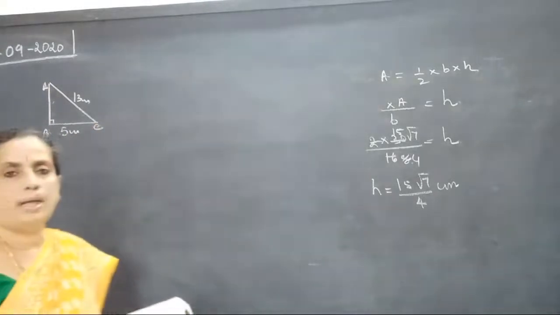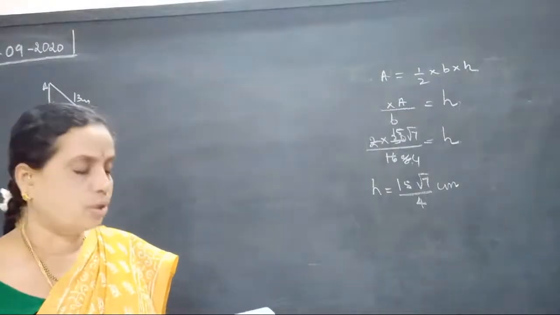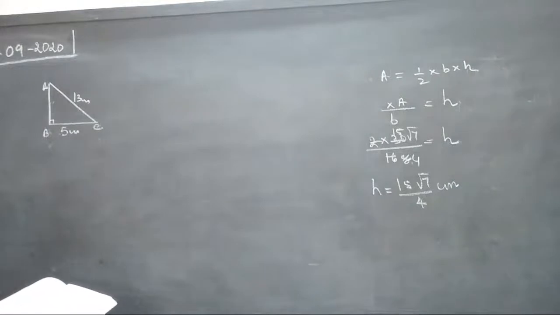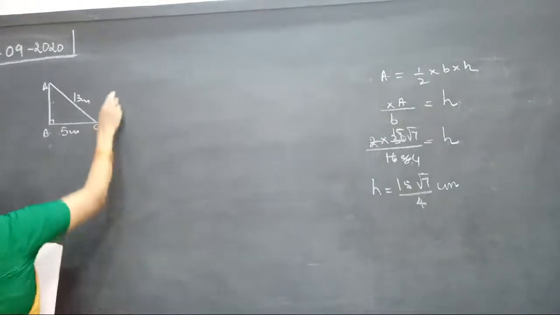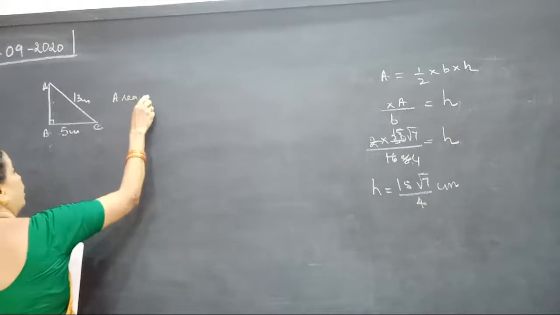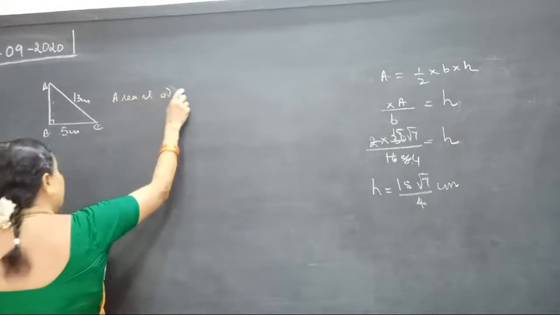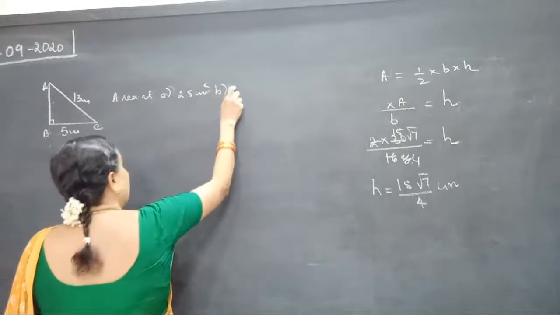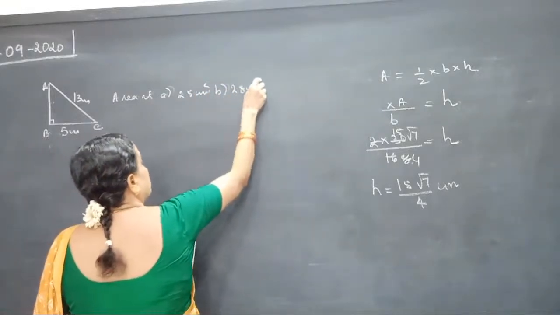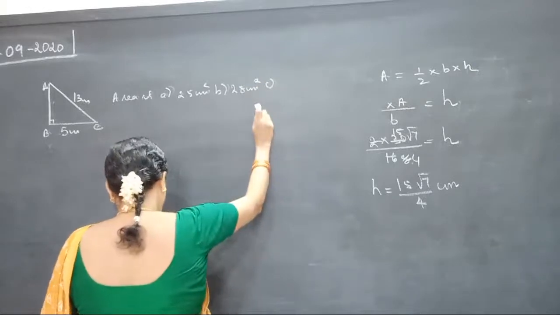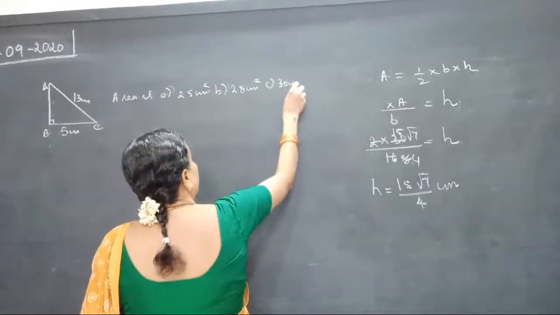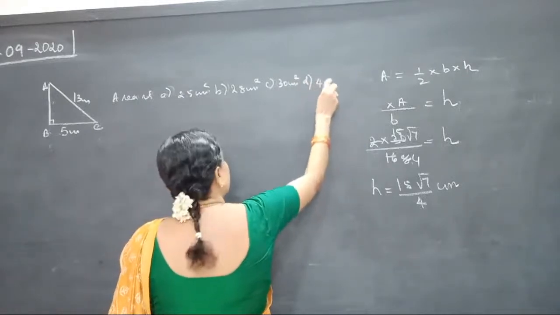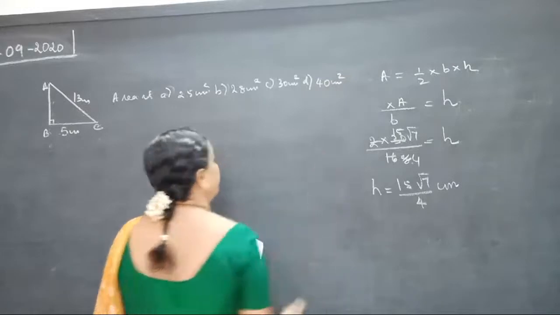Its area is option A 25 centimeter square, option B 28 centimeter square, option C 30 centimeter square, option D 40 centimeter square.